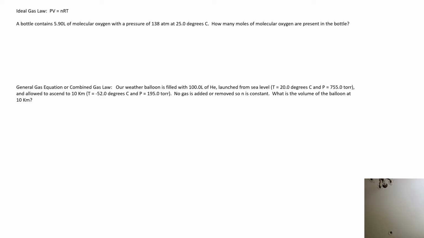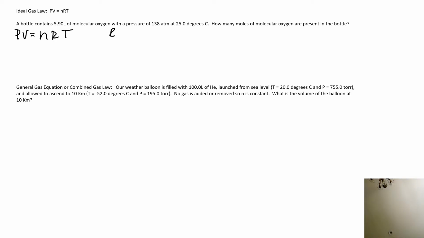And this requires PV equals nRT. This is the only equation we have that we could utilize given the information we have to solve for moles. So we're given pressure, volume, and temperature. R is a constant.